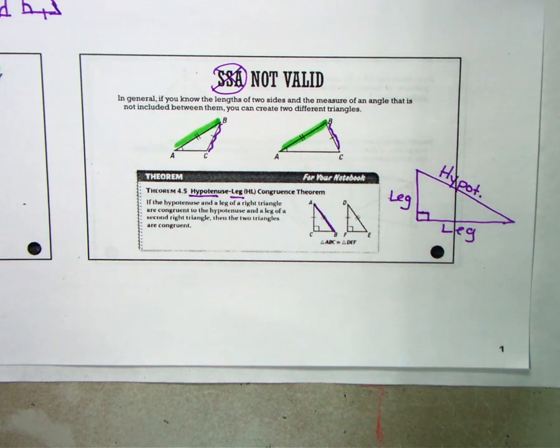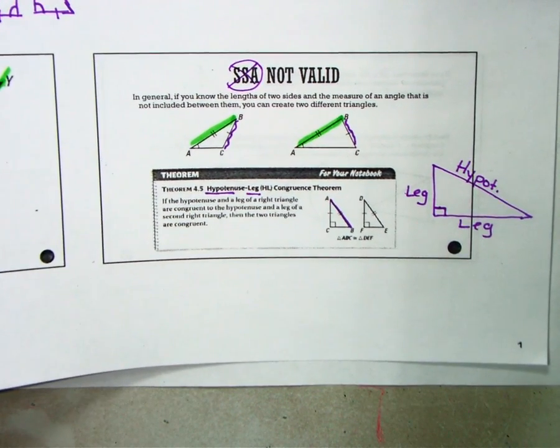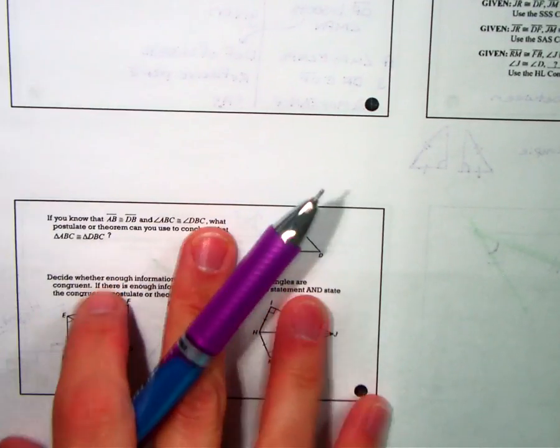Okay. So here's what we've got. On the back side, we've got some examples of identifying hypotenuse leg, and also a proof for hypotenuse leg. Okay. All right.